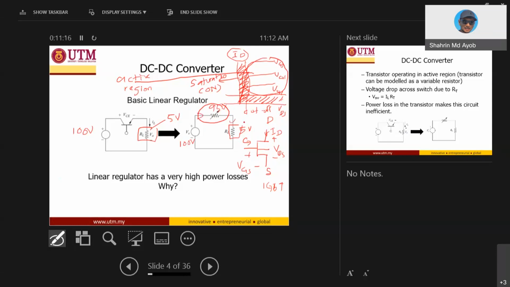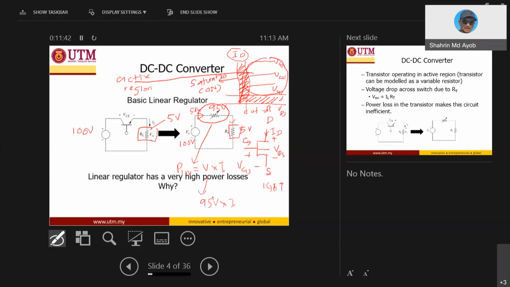What is the current? Meaning that the power loss is V multiplied by the current, right? The voltage drop here is 95 volts. Multiply with the current, so you can see how much power loss there is in this circuit. For example, the current here may be 5 amperes, depending on the load and so on.